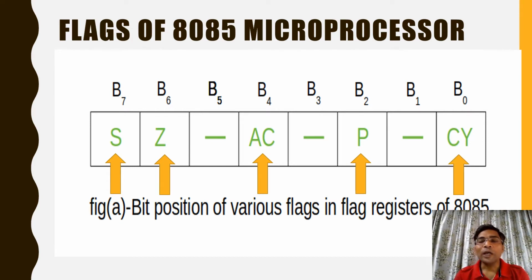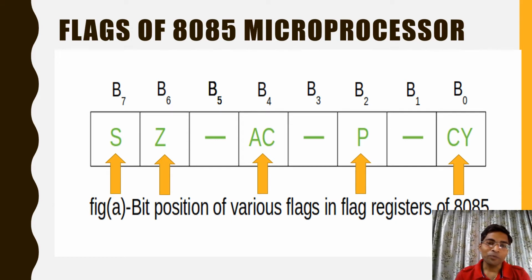So a total of 5 flags are given in the 8085 microprocessor. These flags are shown by 8 bits. 8 bits means 2 hexadecimal numbers. From the next slide we are going to discuss the function of each and every flag.